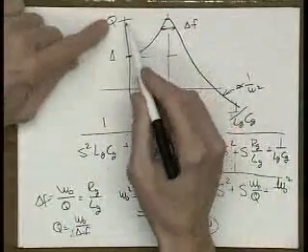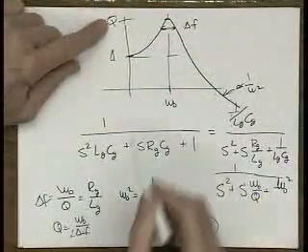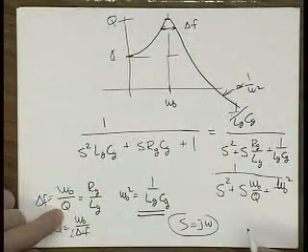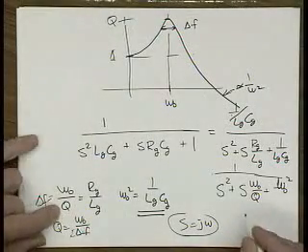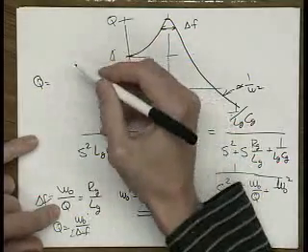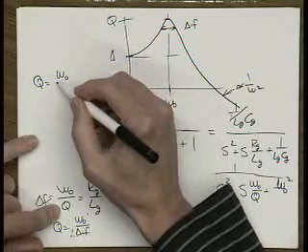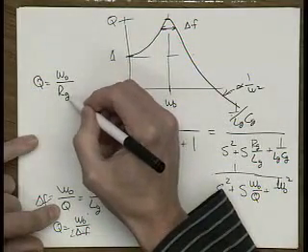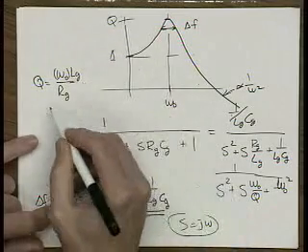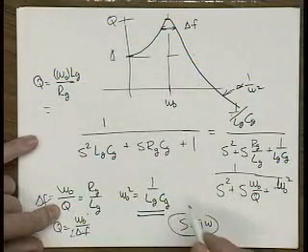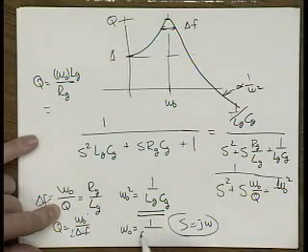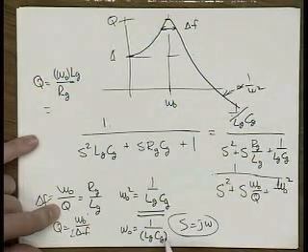The point is, as Q gets larger, and what is Q equal to? Well, we can see what Q is here by setting Q equal to omega naught divided by RG over LG. And we know what omega naught is. It's omega naught is equal to 1 over root LG CG, to the 1/2.